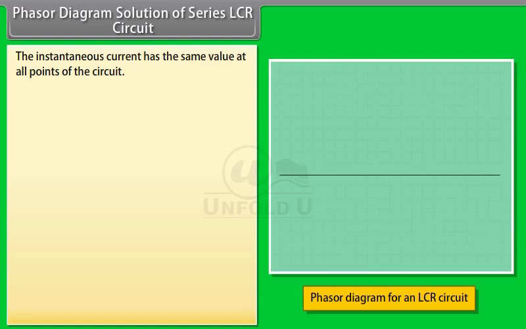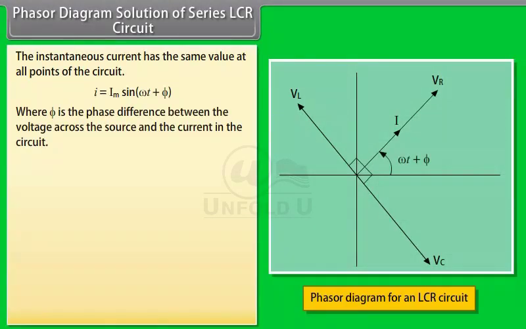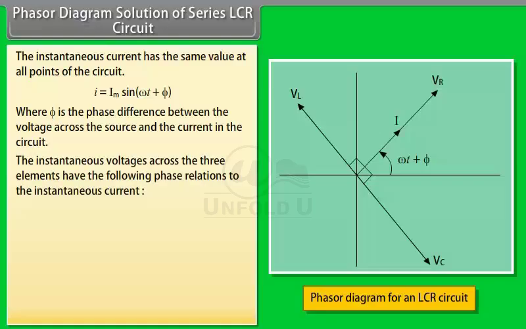The instantaneous current has the same value at all points of the circuit. I is equal to Im sin (omega t plus phi), where phi is the phase difference between the voltage across the source and the current in the circuit. The instantaneous voltage across the three elements have the following phase relations to the instantaneous current.